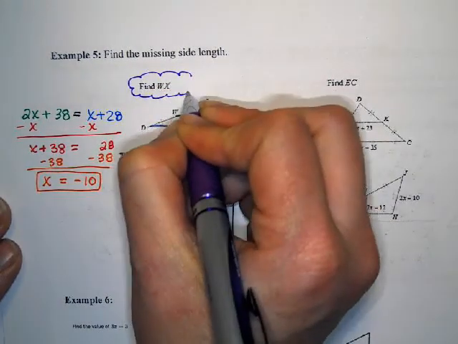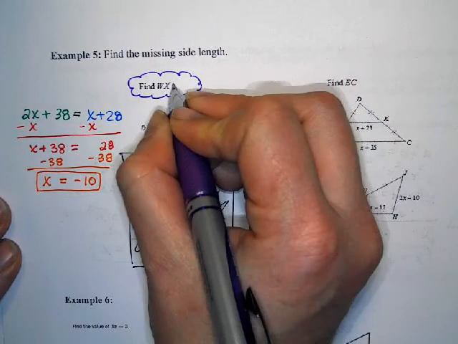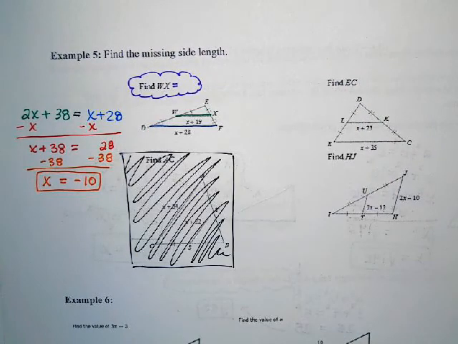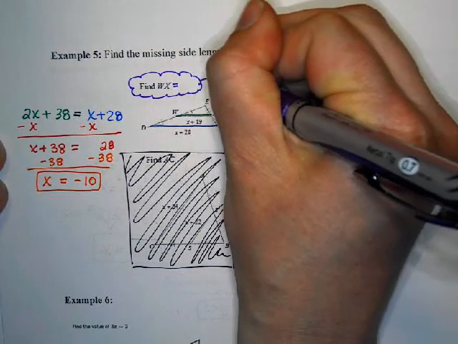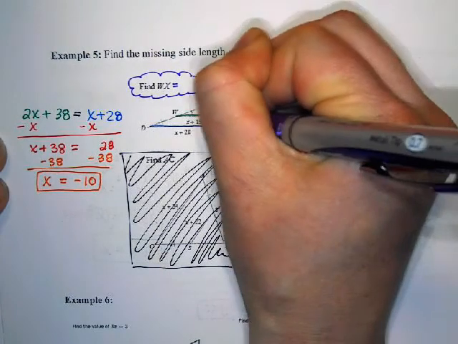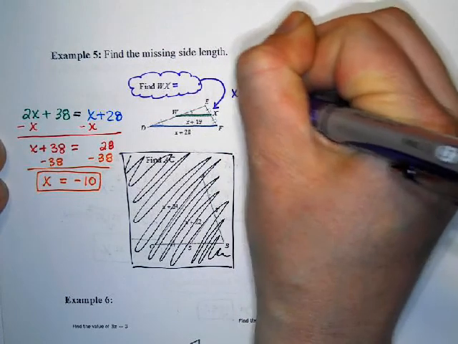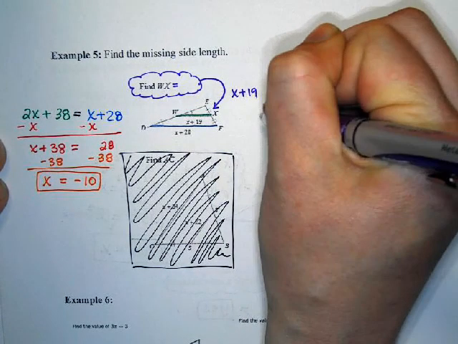On your homework, you go down, you try and submit it, and it's like, nope, negative 10 is wrong, because it wants you to find WX. Where's WX? WX is right here.